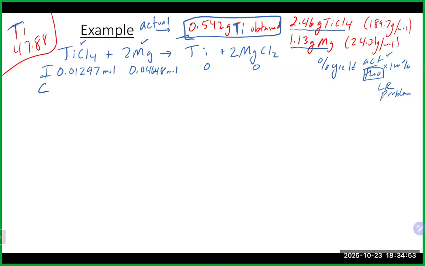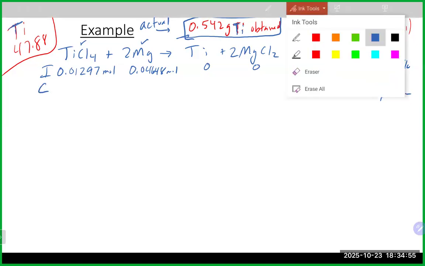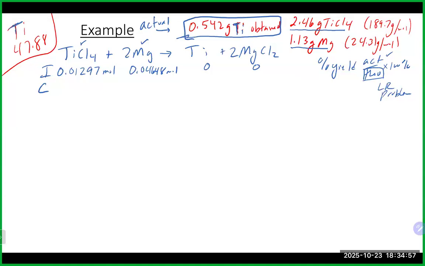Again, the change part here is the important part because it does take that stoichiometry into account. This is going to be minus x because that's a 1 coefficient. That's a 2, that's a minus 2x. That's a 1 coefficient, going to be plus on the other side of the arrow because we're increasing products. And going to be plus 2x here for this guy.